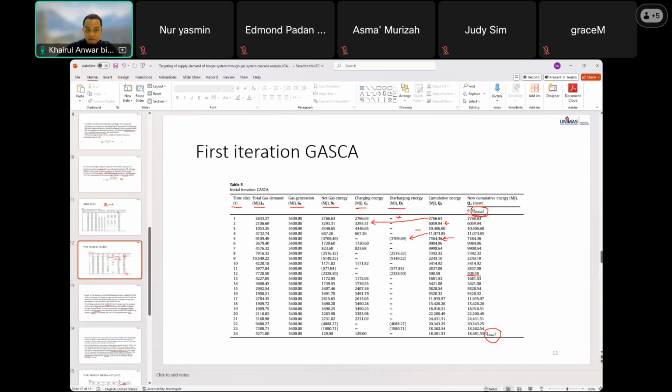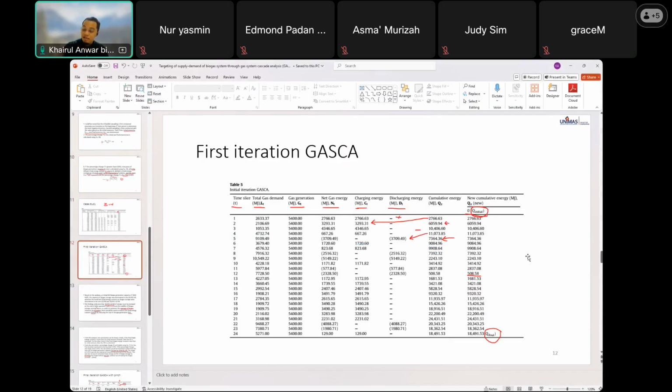All right, so now we go to the first initial iteration. For the initial iteration, time cycle is given. The total gas demand LT is what you calculated in table 4.